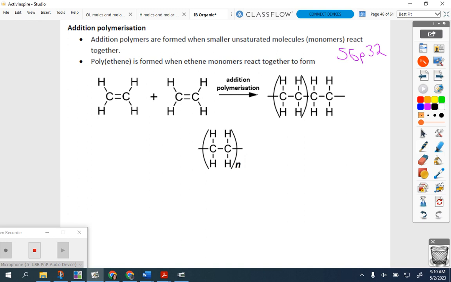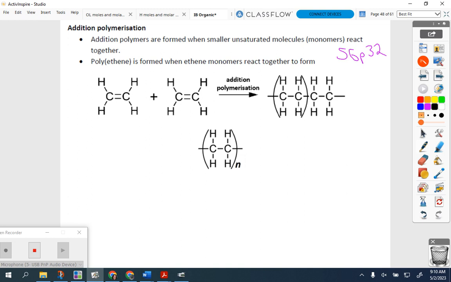But for polymers, the subscript is N, because it really depends on how long the reaction went, and whether it was broken up beforehand, and you'll get to see that. So it's the unit in parentheses with an N subscript saying some number of these strung together. Make sure that you get rid of the double bond when you're drawing that, because that's the thing that's going to be broken to make the bonds to the next unit.